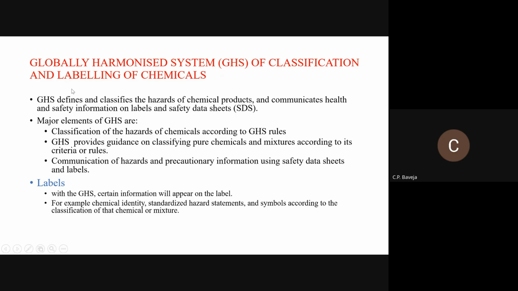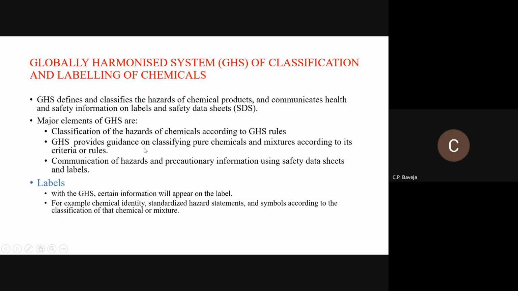Major elements of GHS: classification of the hazards of chemicals according to GHS rules.